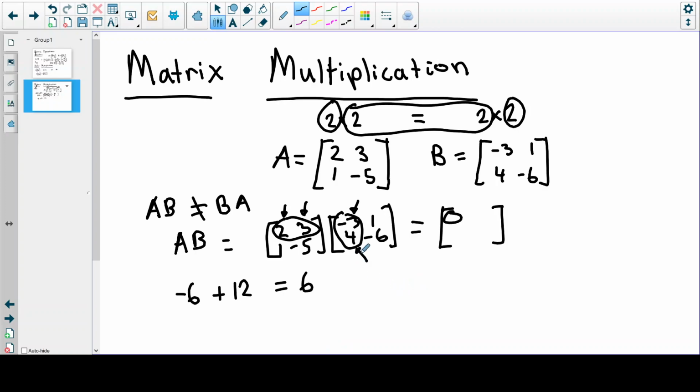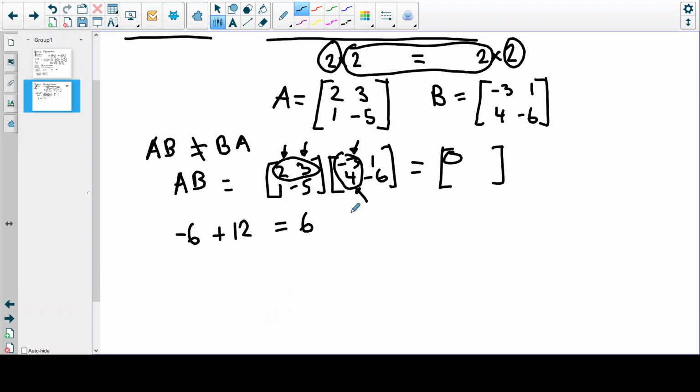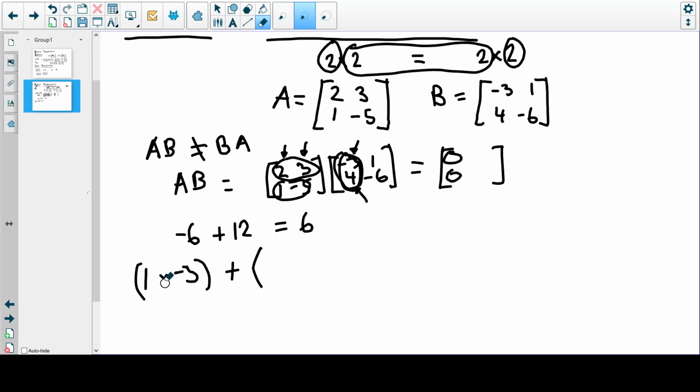So we'll do that again with another element. So say if we wanted to find this element, we would take the bottom row here multiplied by the same column. So that's going to be 1 times -3 plus, I should probably do dot here.